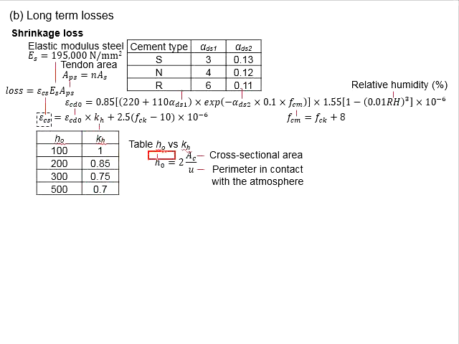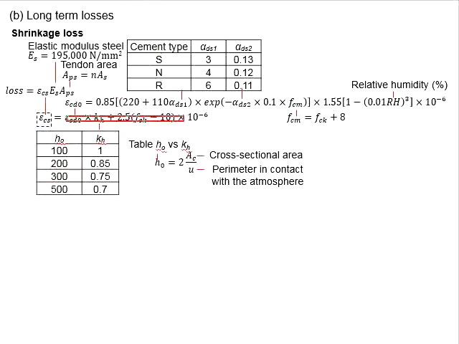The equation for the H note is the cross-sectional area of the section divided by the perimeter of the section in contact with the atmosphere. By calculating this H note, determine the KH based on the interpolation method.